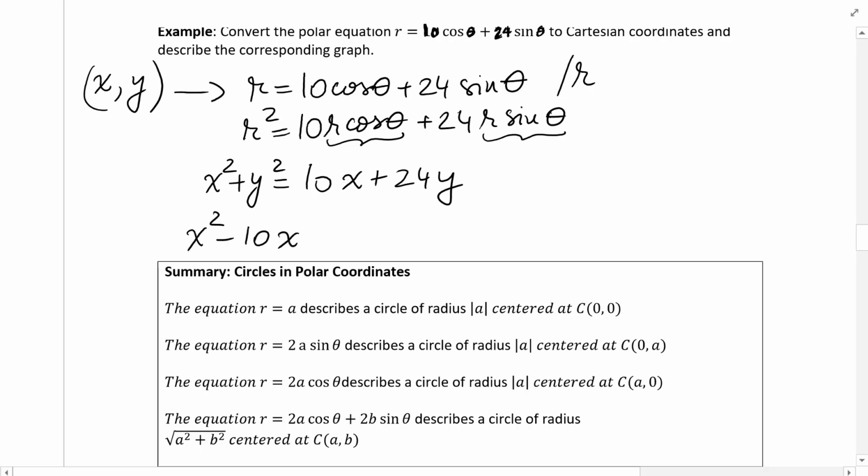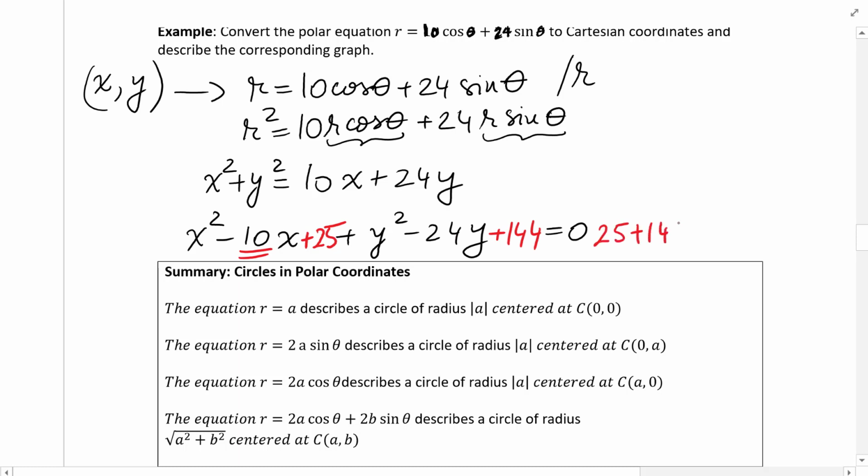This reminds us of the equation of a circle. So I moved all the terms to one side and I'm trying to complete the square. Here I'm going to add 25, which is half of this squared. And here I'm going to add 24 divided by 2 is 12, squared is 144. But because I added on one side, I have to balance it.